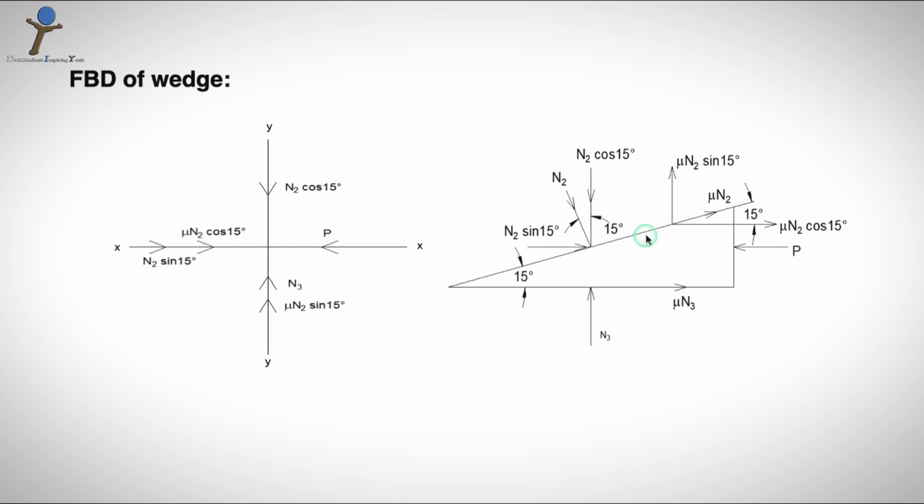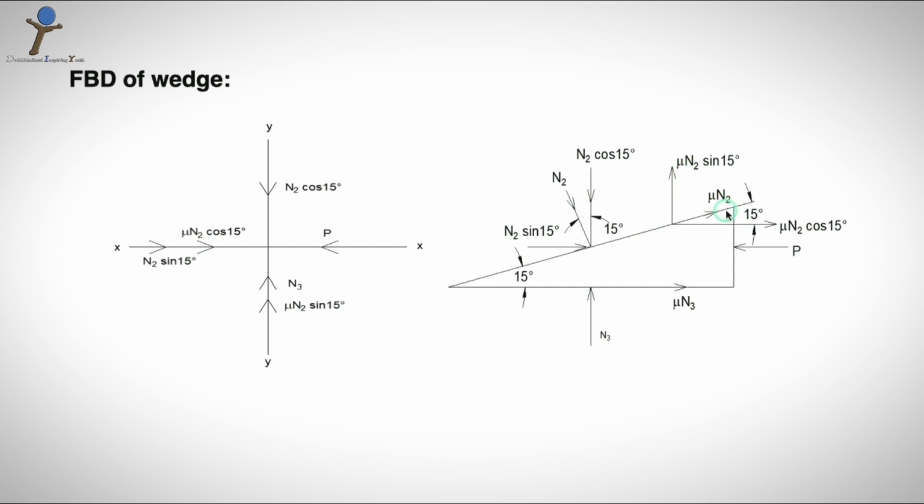Now, again, resolve all the forces to the x and y axes based upon the angles of inclination. N2 is 15 degrees with the vertical. See, all this is simple trigonometry. You just have to place the angles. Mu N2 is 15 degrees with the horizontal.